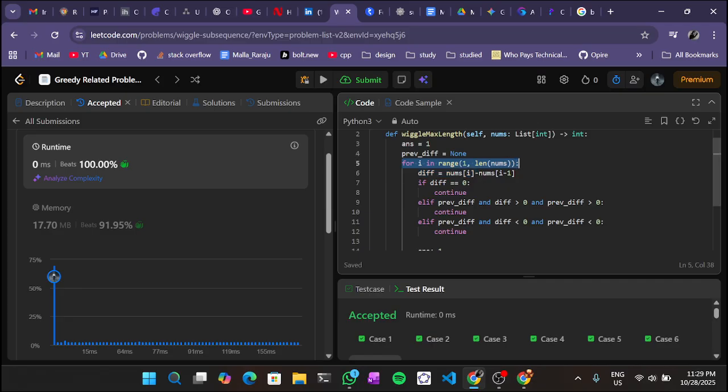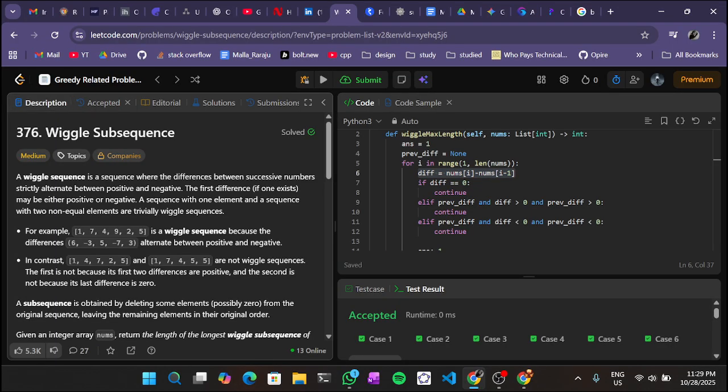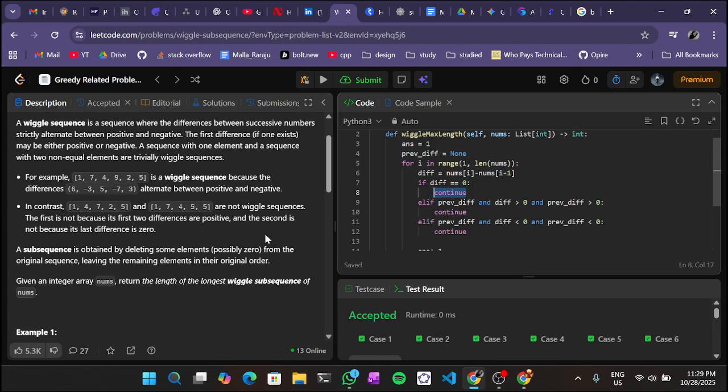And starting from index 1, we are taking the difference of the successive numbers. And if the difference is 0, we are continuing, because it is said the difference should not be 0.